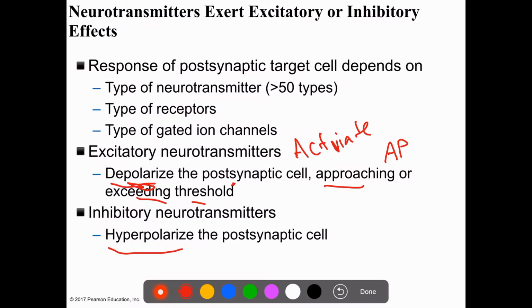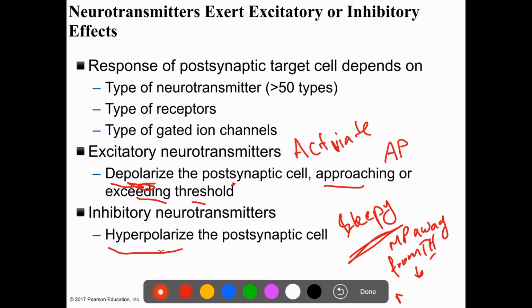Think of it as making it more sleepy. It takes the membrane potential away from the threshold. So no action potential can be induced easily when the inhibitory transmitters are released.